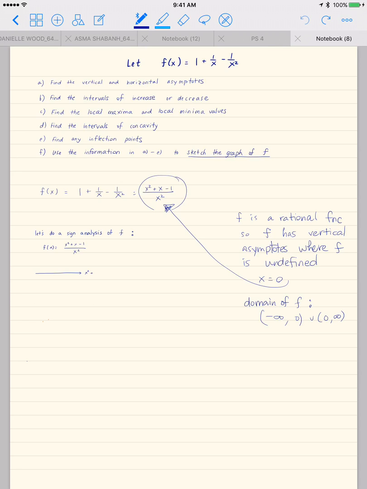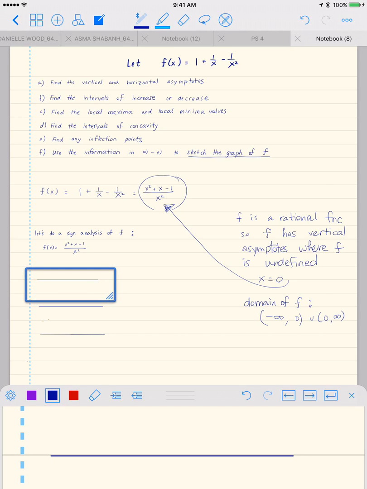Actually, I can try to do this a little neater. So I'll have one line for my numerator, one line for my denominator, and then one line for my function f.